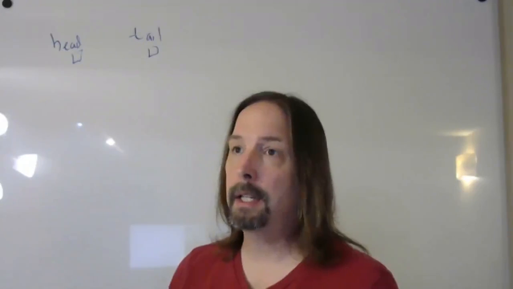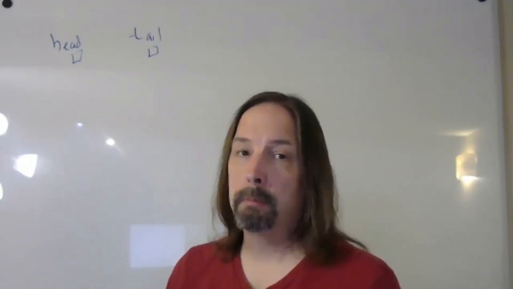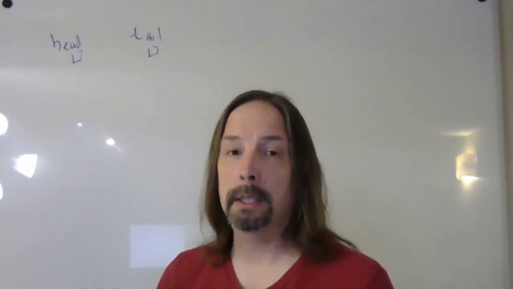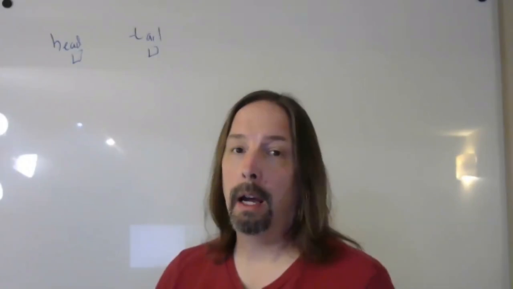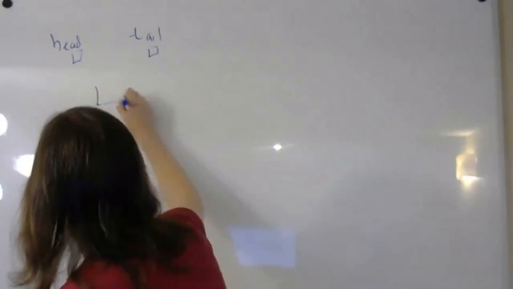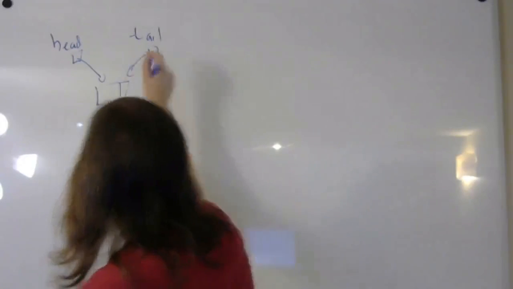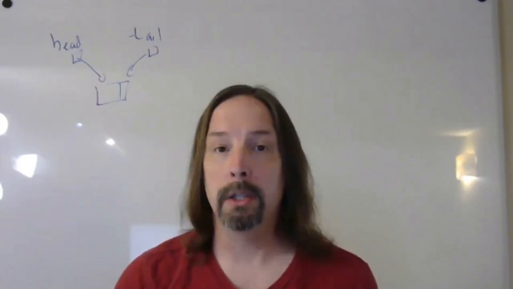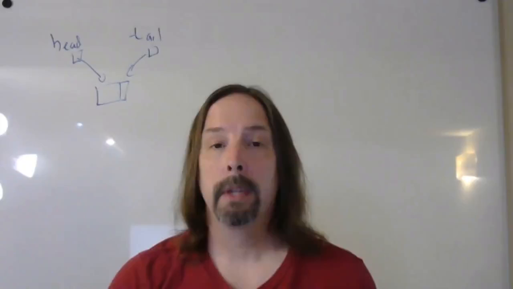The idea is that when the list is empty, both of these references are null, indicating an empty list. When you add the first node to this list, both the head and the tail will be looking at that node, because that node is simultaneously the front and the rear of the list.